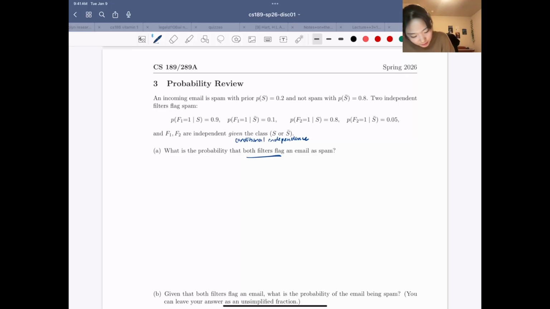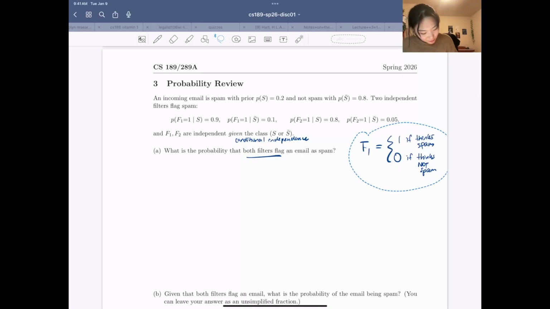Well, why don't we first define? F1 is a filter, and it's 1 if it thinks spam, 0 if it thinks not spam. And we have almost a carbon replica for filter 2, but it's a different filter and they are independent.